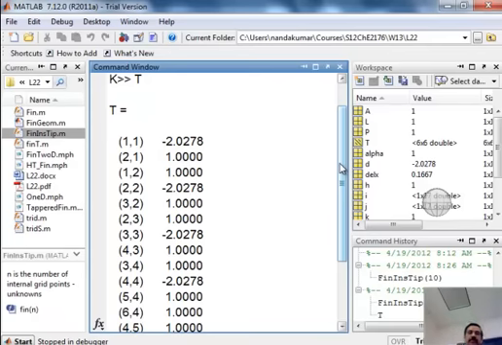With that one, let me ask you a question. What would be the sixth position in vector J? I is the row index, J is the column index.